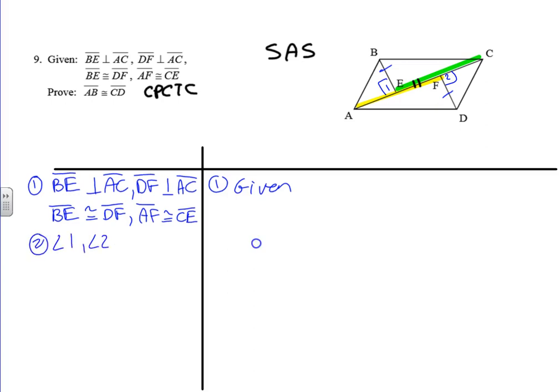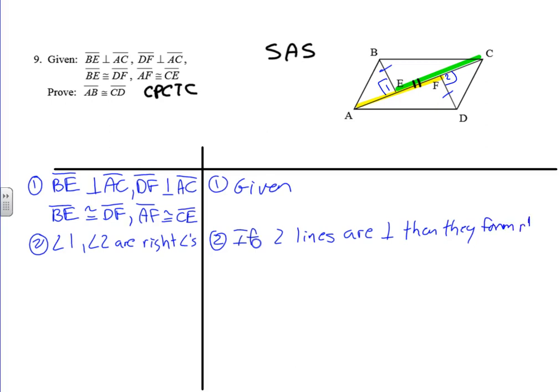Angle 1 and angle 2 are right angles. Same thing we did before. If two lines are perpendicular, then they form right angles. Okay, and then we're going to say angle 1 is congruent to angle 2. Why? All right angles are congruent.